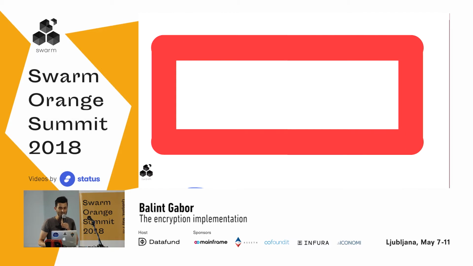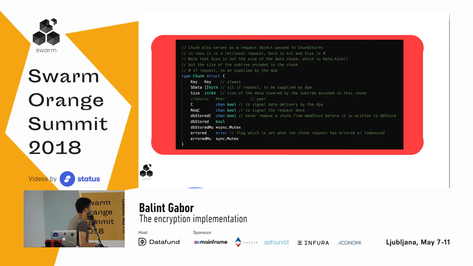Yeah, so what is a chunk? And here happened the first problem, because my original naive idea was that encryption will be easy because basically nobody has to care about whether the content is encrypted or not. When I save it into a chunk, which is an object somewhere, the chunk will encrypt its content by itself because all the chunks are separately encrypted. And here I bumped into this issue.